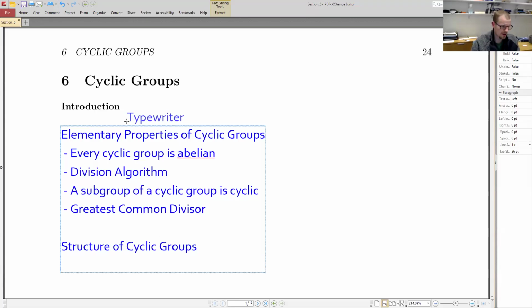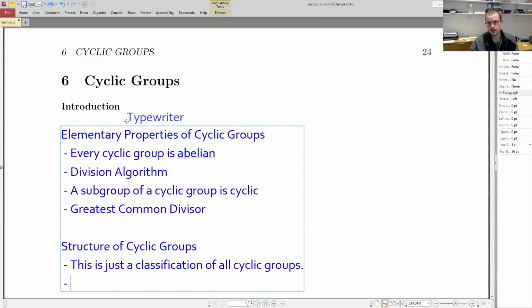So we want to talk about that a little bit. And really, this is just a classification of all cyclic groups.